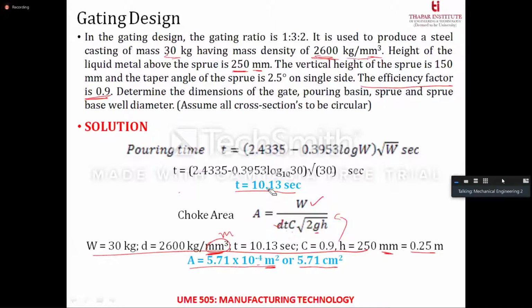Just for simplicity purpose, I have converted it into centimeters, nothing else. So now what you have found out is the pouring time, and you have also found out the area of the choke that is used for this purpose.